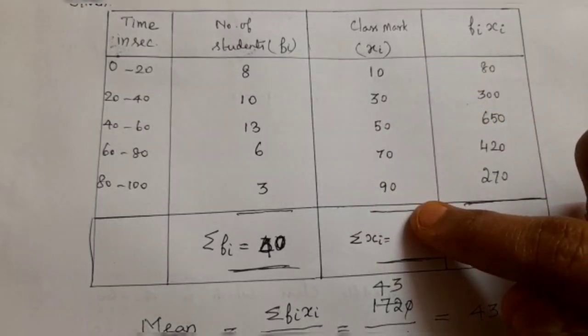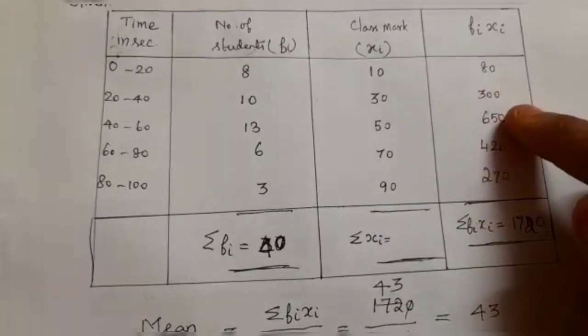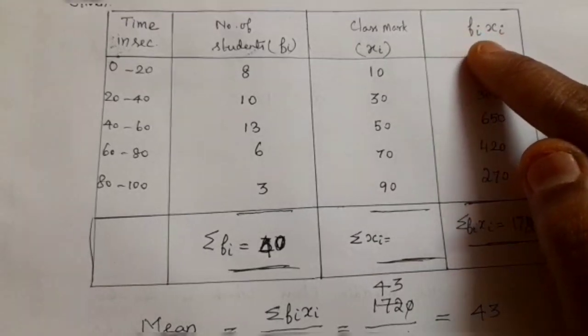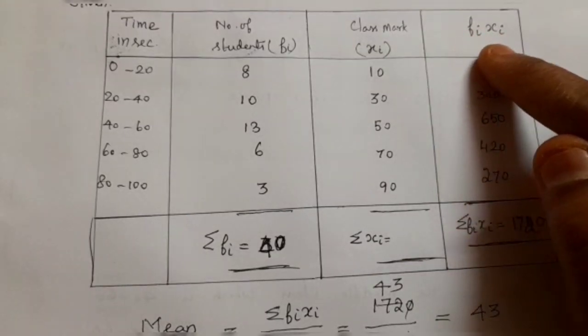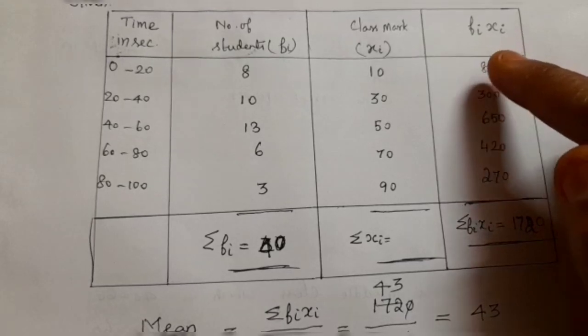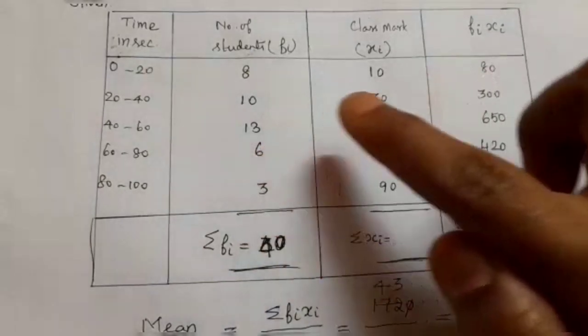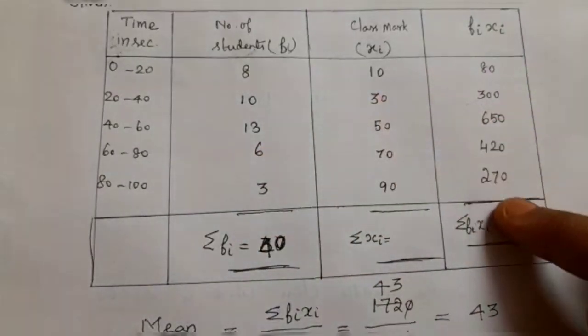So this table we can easily construct. Then fi xi is the product of fi and xi: 8 into 10 equals 80, 10 into 30 is 300, and so on.